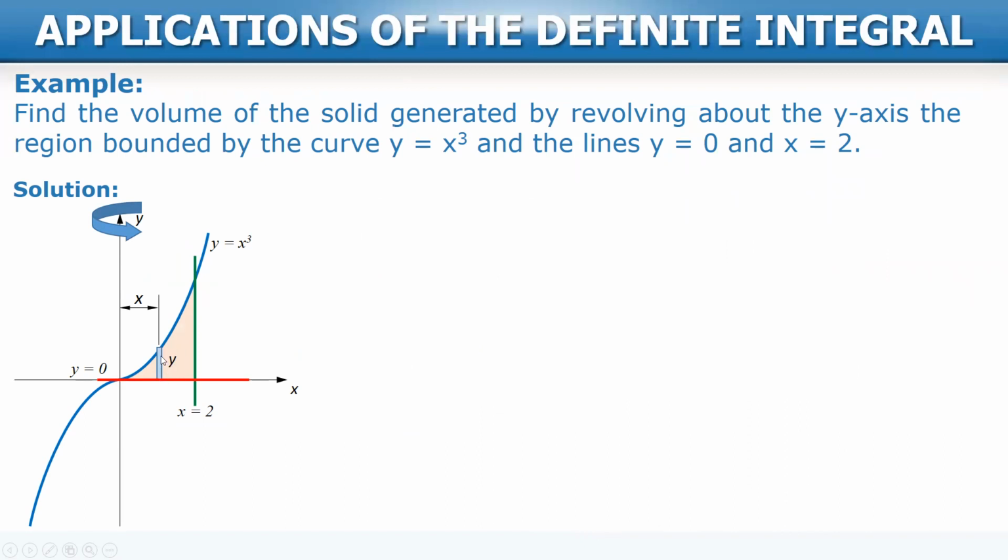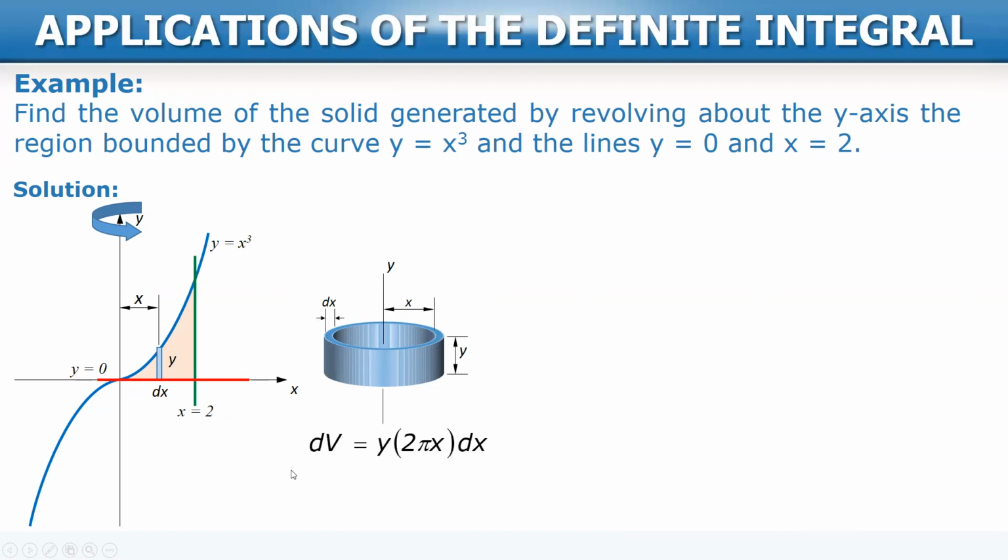Our y down is 0, so just y. When revolved, the height is y, and our radius is x, with thickness dx. So our differential volume is height, circumference times thickness, and the limits are just 0 to 2.